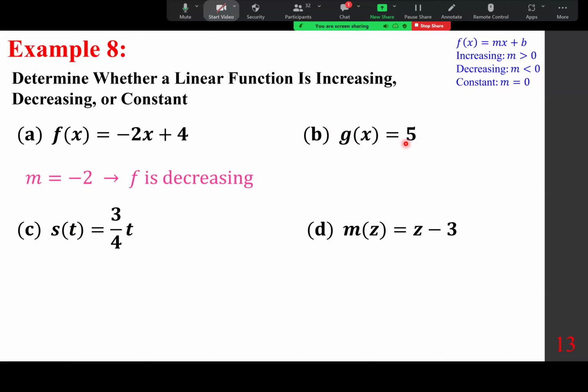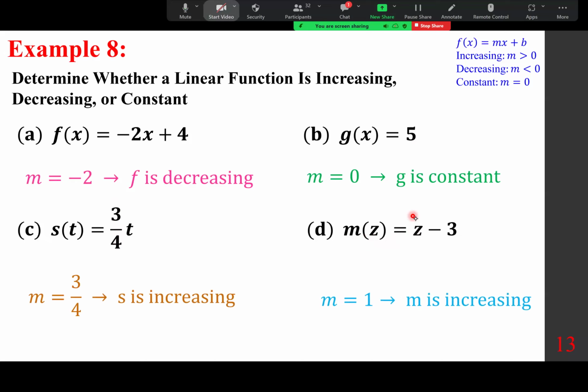G of x equals 5 or y equals 5, that's a horizontal line, the slope is 0, makes it constant. The slope is 3/4. It's a positive slope, therefore it's increasing. Same thing here. This is a function of z. The slope is 1, and it's positive, and it's increasing.